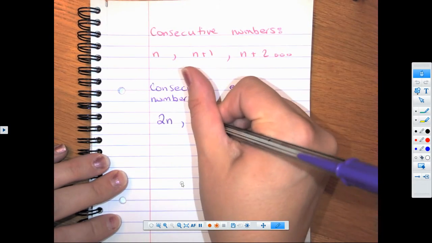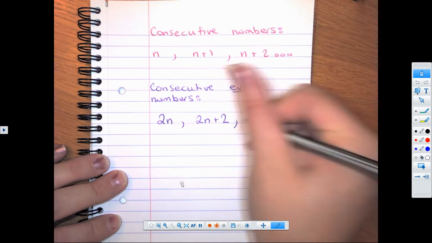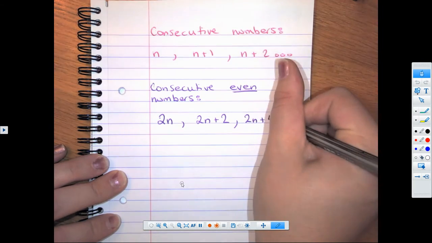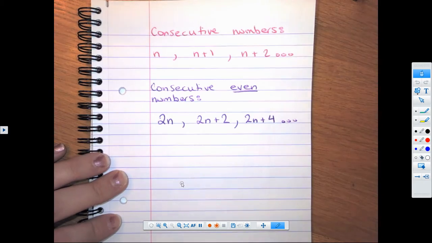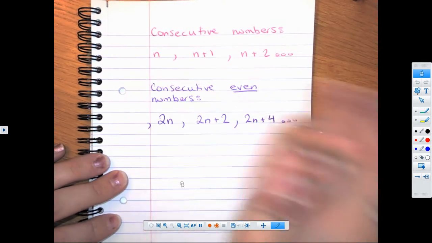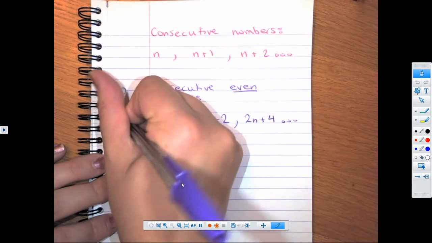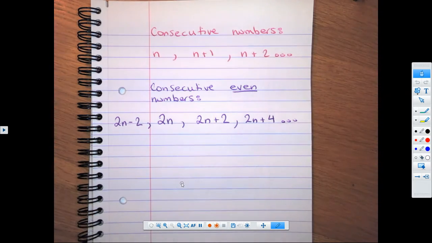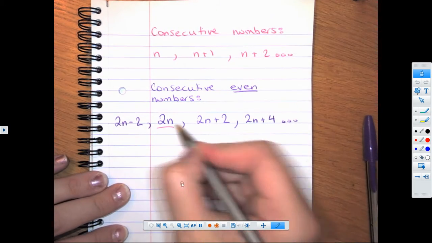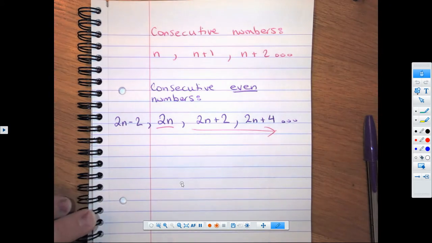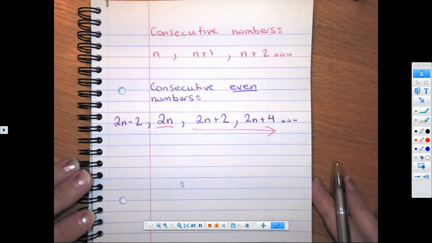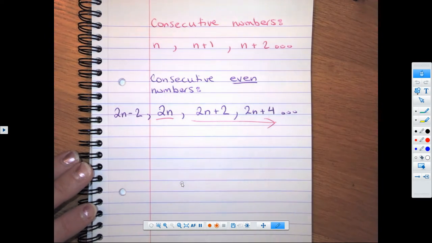So my next consecutive even number is 2n plus 2, and then 2n plus 4, and so on. You could technically go back and you would have 2n minus 2, 2n minus 4, 2n minus 6, and so on. So as long as they are 2 apart, I tend to start with 2n and move that way when I'm doing consecutive even numbers. A little bit easier than having negatives involved.